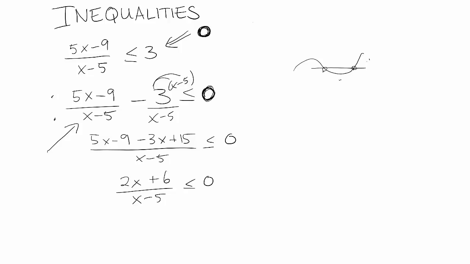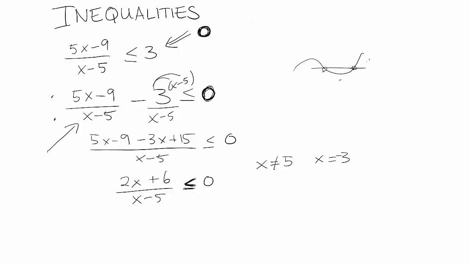So now we can consider the critical points, which come from both the numerator and the denominator. The ones that come from the numerator will follow this inequality in terms of being equal or not equal, but the one in the denominator can never be equal. So we know that x cannot ever be equal to 5, but we also know that it passes through 0 when x is negative 3.